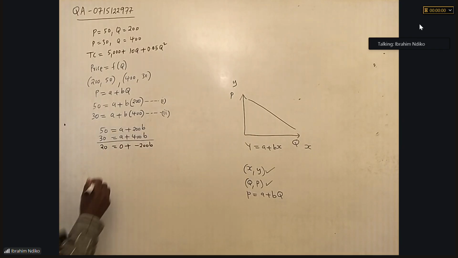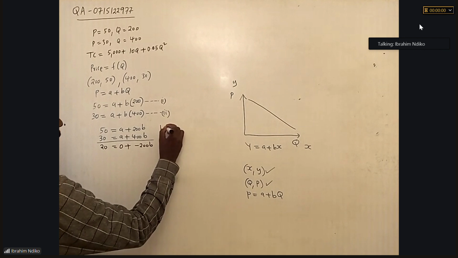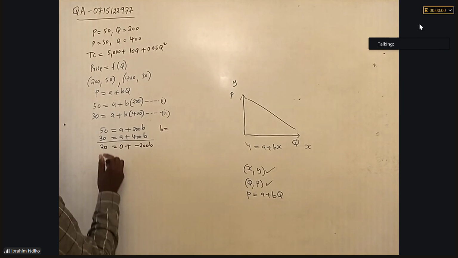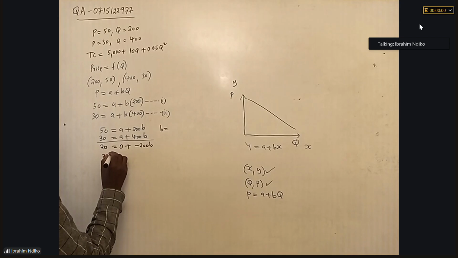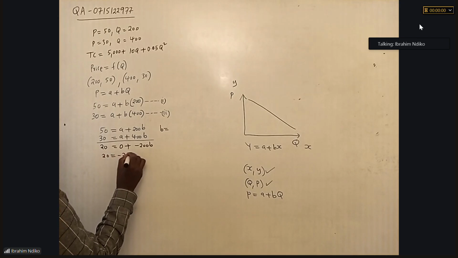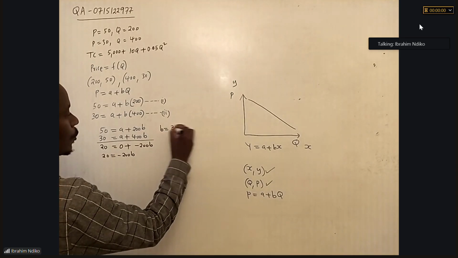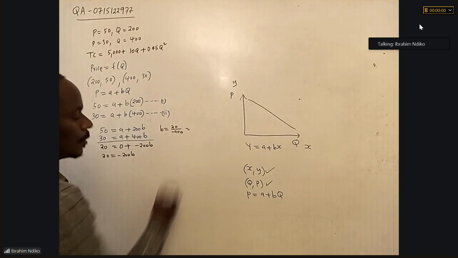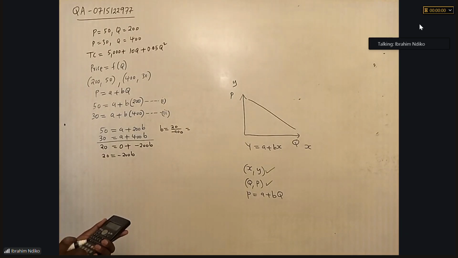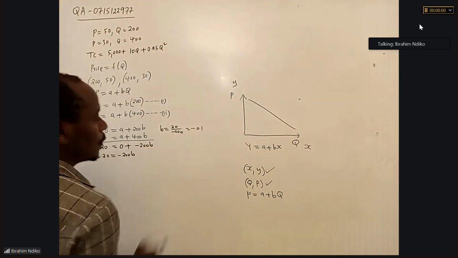So we can find B. 20 is equal to minus 200B. So B will be equal to 20 divided by minus 200. So the answer is minus 0.1.